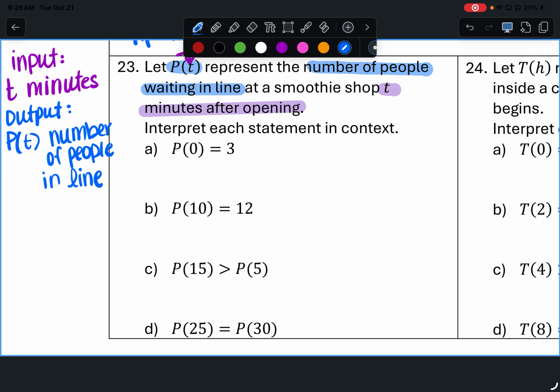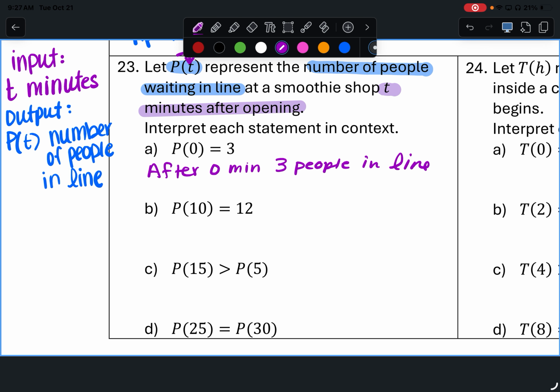All right, so if we have P of 0 equals 3, what does that mean? After 0 minutes, 3 people are in line. When would 0 minutes be?